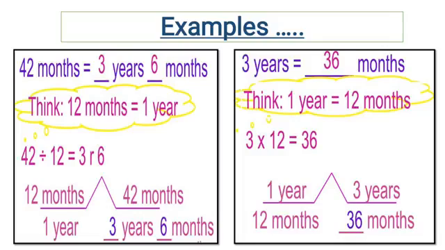Then 3 years, how many months? Again we think that 1 year is equal to 12 months. Then 3 multiplied by 12 is equal to 36. You know 1 year is equal to 12 months, and 3 years is equal to 36 months.